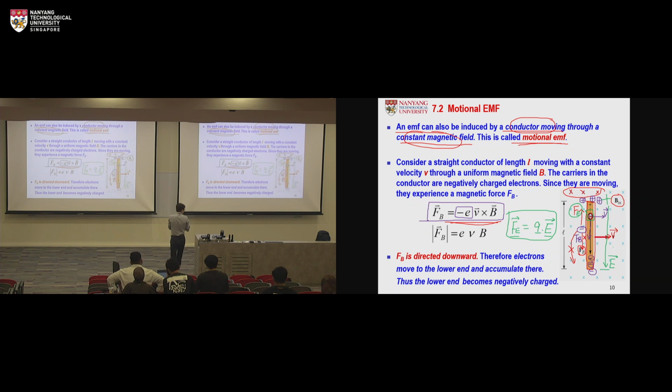So now you have this Fb pointing down, which is constant. At the same time, you will have an Fe pointing up and gradually increasing, right? So at a certain point, they will be equal.